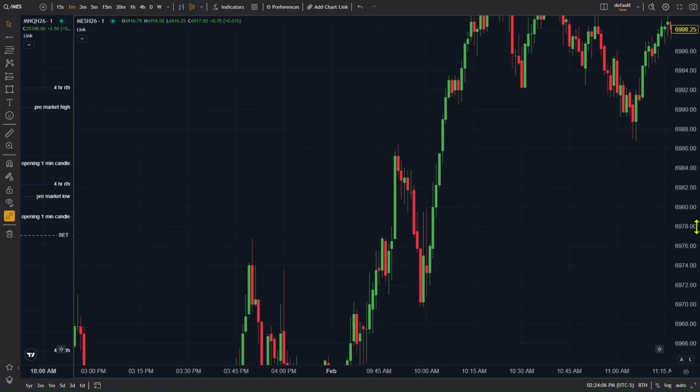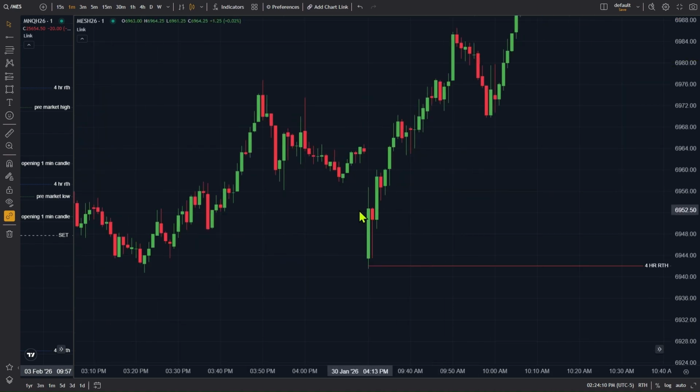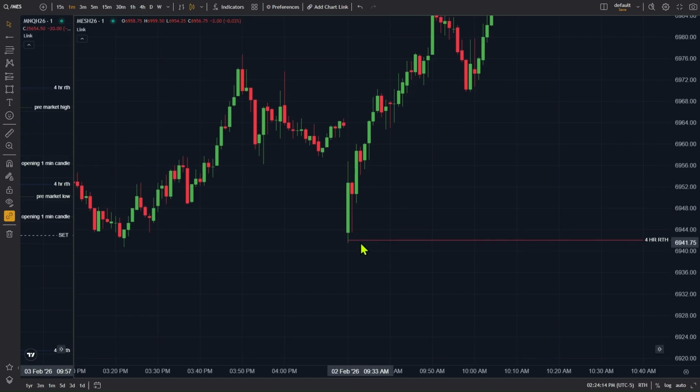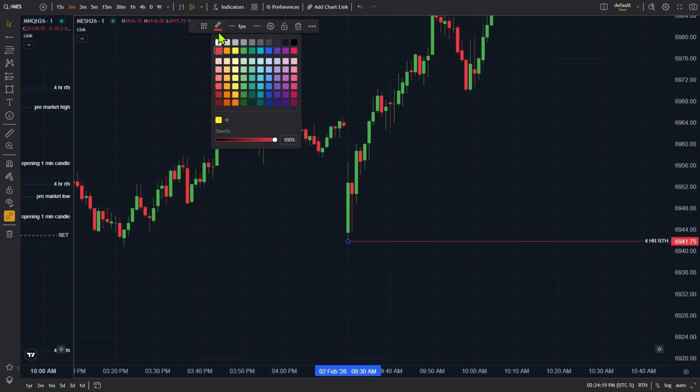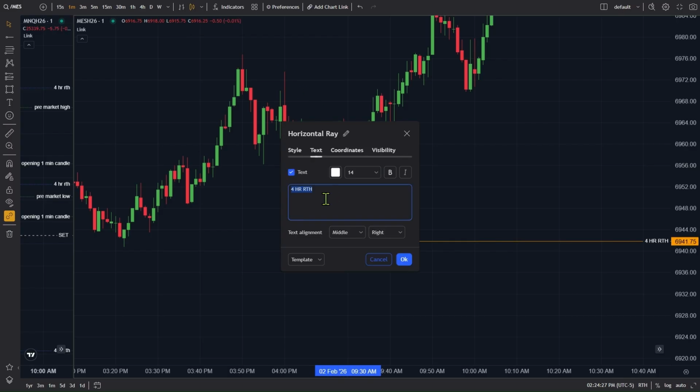The one that happened yesterday, I was helping my sister move, and it's the same scenario the other way around. One of the 4-hour lows we took out today was that one. I'm just going to change that to the low of this 1-minute candle. I'll just delete the words.